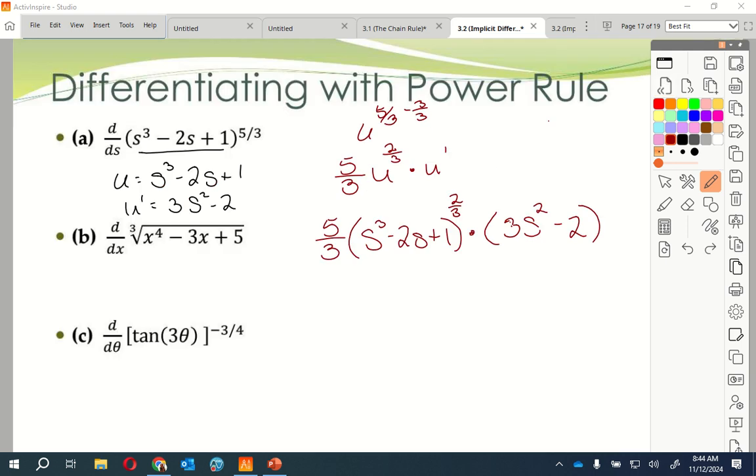Alright, next one says tan 3 theta raised to the negative 3/4.